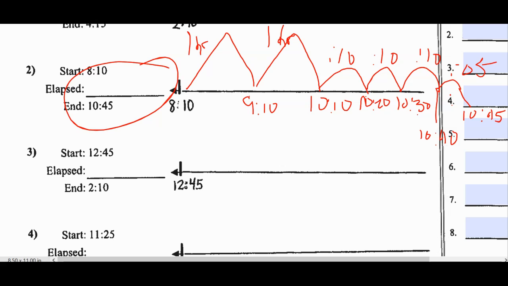So how much time did it elapse? 2 hours and 35 minutes. Okay, so I know for sure that these two, 1 hour plus 1 hour, gives me 2 hours, right? And then I need my colon. And then I had 10 minutes, 20, 30, plus 5 more is, what do we say? 35. So 2 hours and 35 minutes has elapsed.